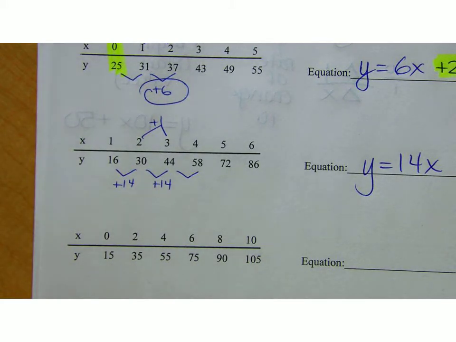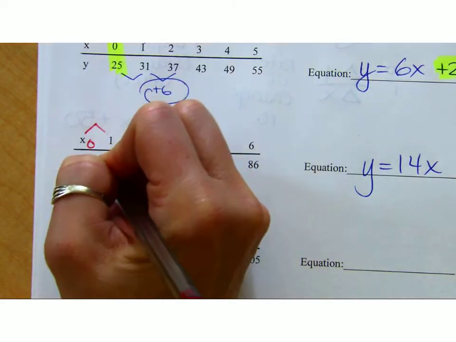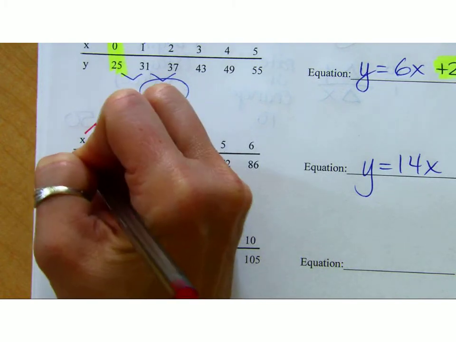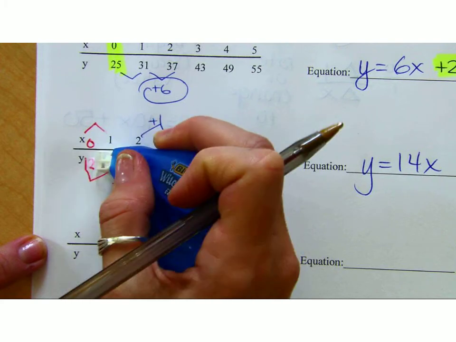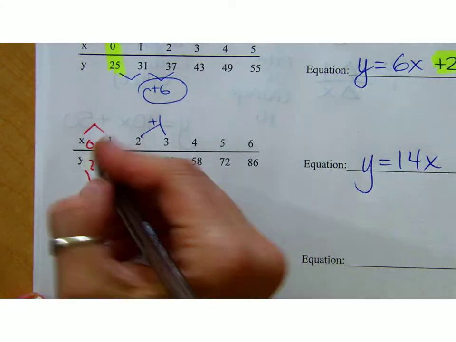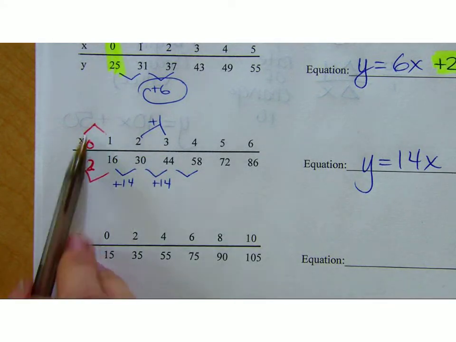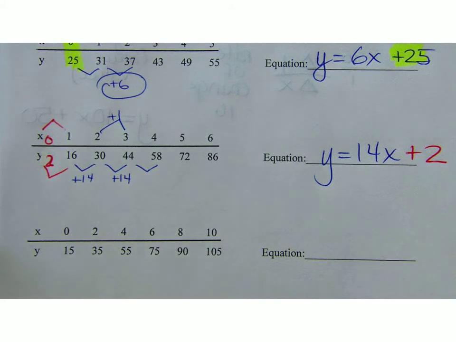So if I'm moving from left to right going up by 14, how do I find my 0? I just subtract 14, right? Kind of a little bit of common sense. Whoops, not 12, but 2. So when I went backwards 14 from 16, I landed at what? 2. So now what's my beginning value? So sometimes it's not there.